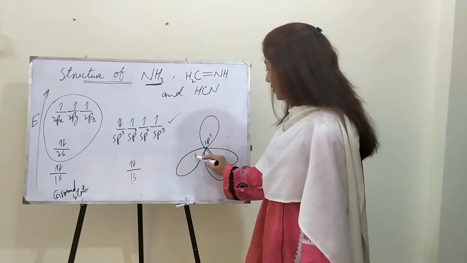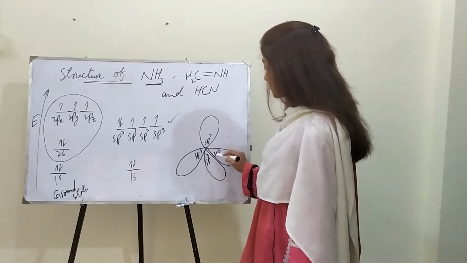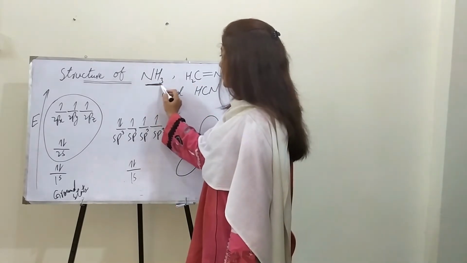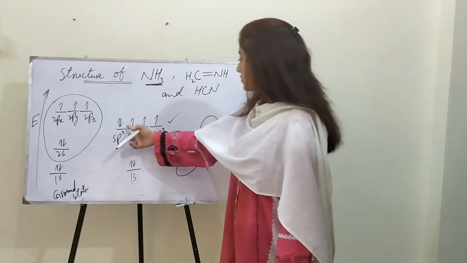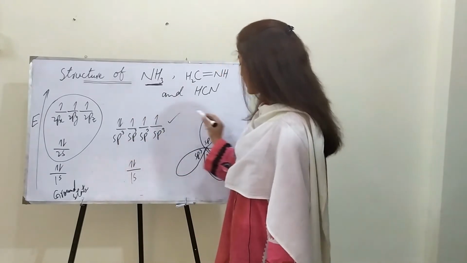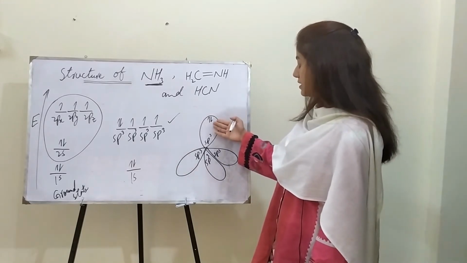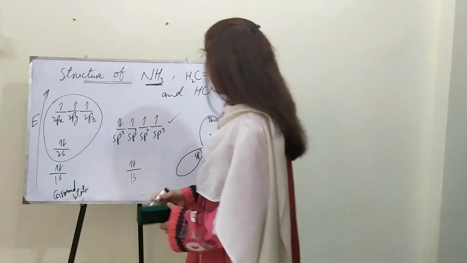So in this way there are total 4 sp3 hybrid orbitals, and as in the case of ammonia there are 3 hydrogen atoms, and one has 2 electrons. So this one would have the 2 electrons and that would become like a lone pair.